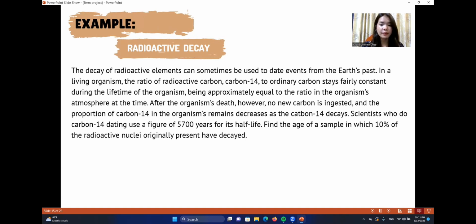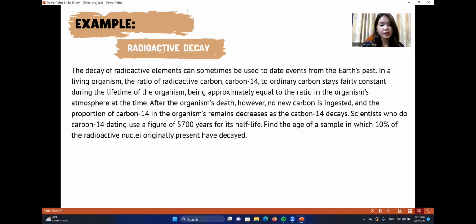After the organism dies, however, no new carbon is taken in, and the proportion of carbon-14 in the organism decreases as the carbon-14 decays.